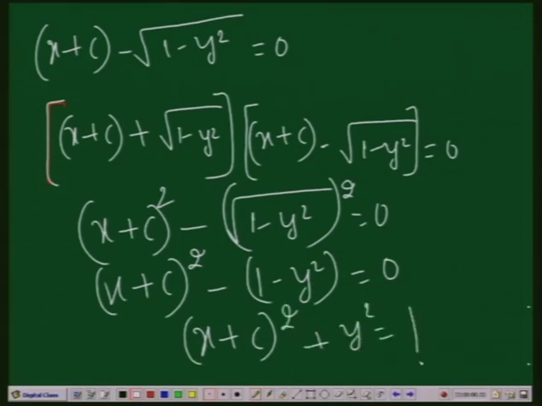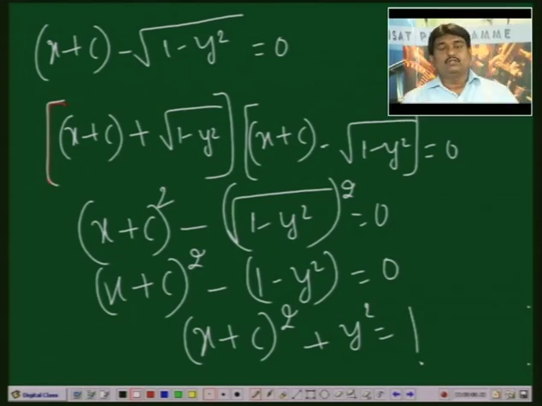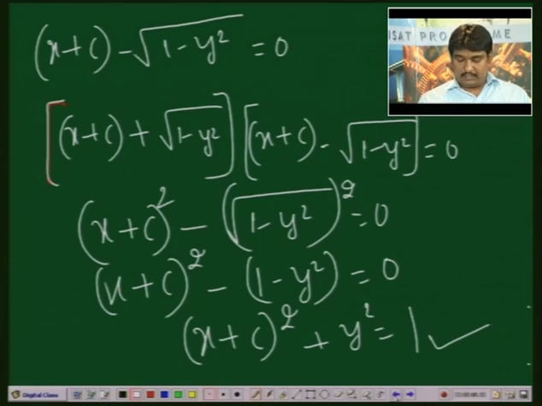So, I have solved that non-linear differential equation to get the solution as x plus c whole square plus y square equals to 1. And as I mentioned, this represents family of circles with center on x axis and radius equals to 1 fixed. Okay, this is a general solution.